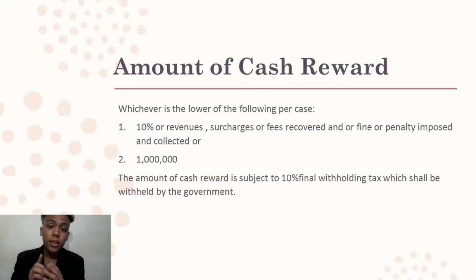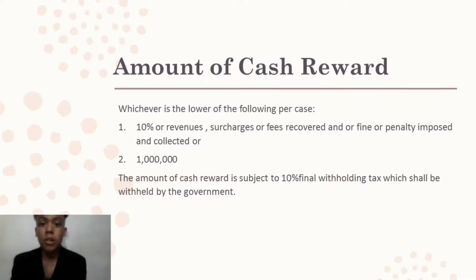First is 10% of the revenue, surcharges, or fees recovered and or fine or penalty imposed and collected. And number two, the reward is limited only to 1 million pesos. The amount of cash reward is subject to 10% final withholding tax, which shall be withheld by the government.